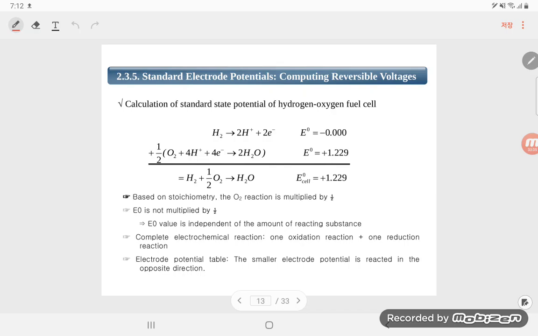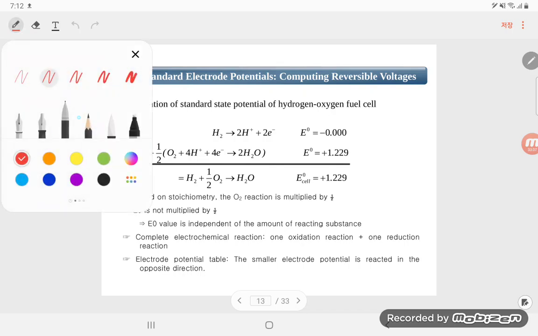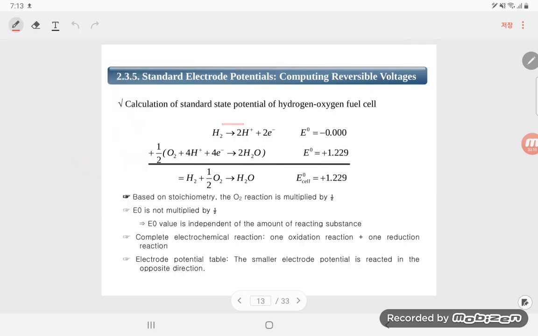From the reaction, you can get this reaction. H2 hydrogen gas is oxidized, and the oxygen gas is reduced, right?